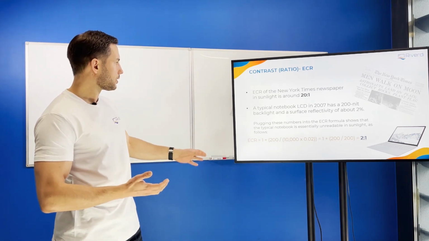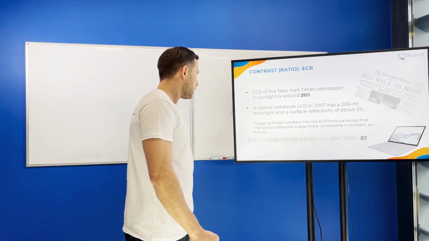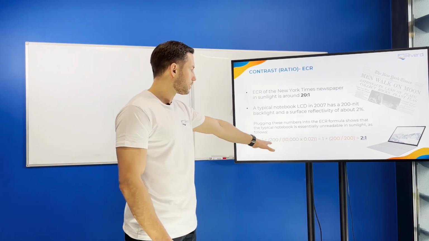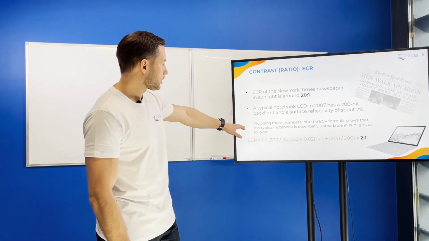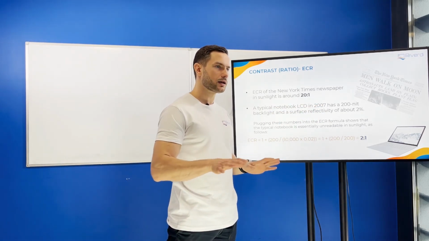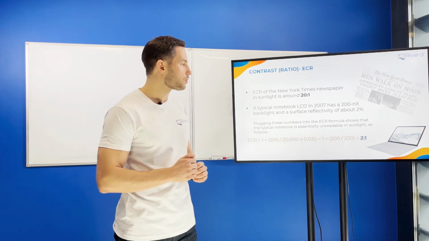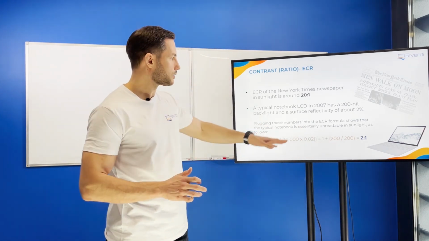Then we have some information about the notebook, where the brightness is lower, and some formula that is calculated here. We will go into details of how to calculate later, but as you can see, the typical notebook will be 200, maybe 300 candela brightness. Nowadays the notebooks are going to higher brightness, but we can expect very low contrast, so it's very hard to read.